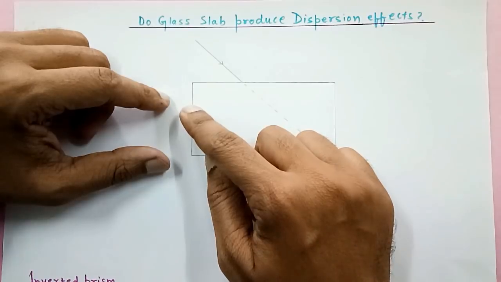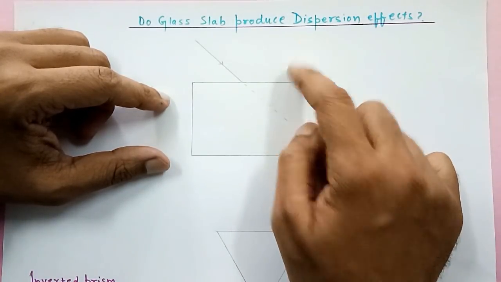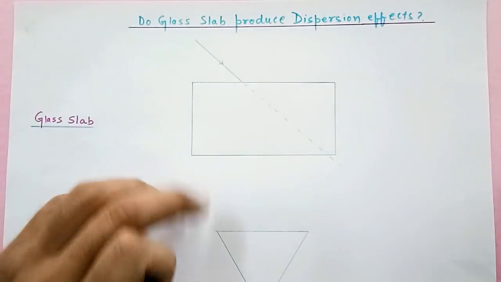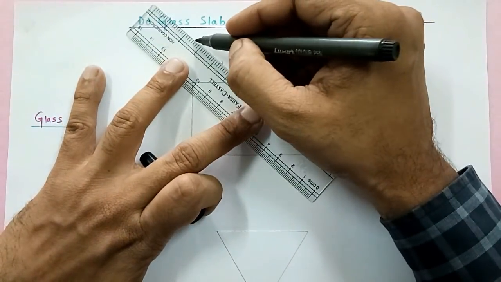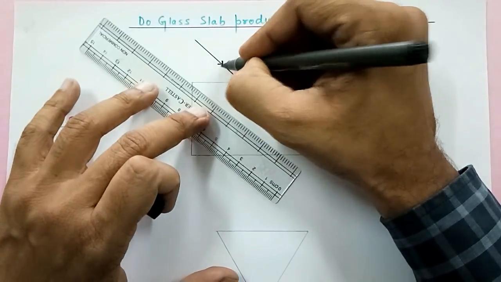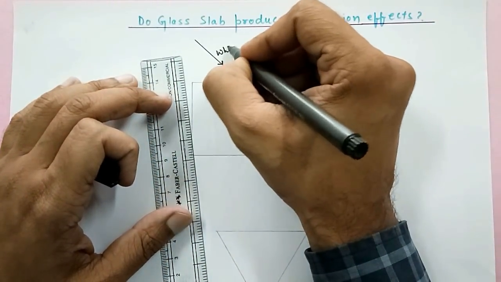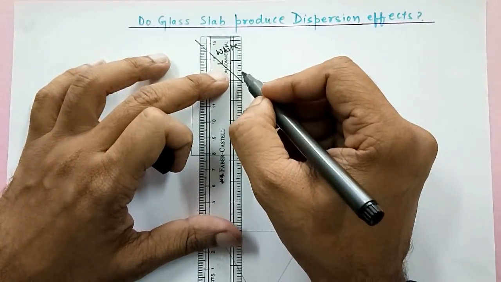And what makes the prism so special that we use a prism for obtaining dispersion and not the glass slab? The answer goes something like this. Suppose here we have a glass slab, and this is the white light which we are considering for our discussion. So this white light is falling on the slab, and this is the point of incidence.